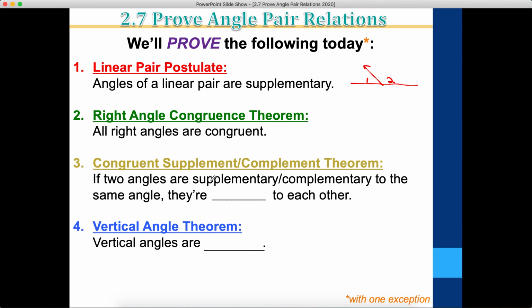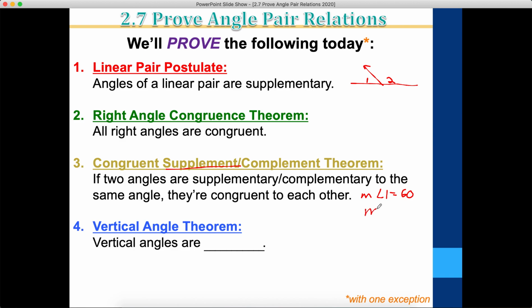I've taken a shortcut with number 3. I'm cheating a bit, because it's essentially 2 theorems in one. If 2 angles are supplementary or complementary to the same angle, then they are congruent to each other. So suppose the measure of angle 1 is 60 degrees. Let's look at the supplement part first.